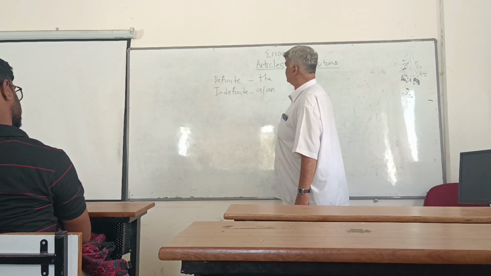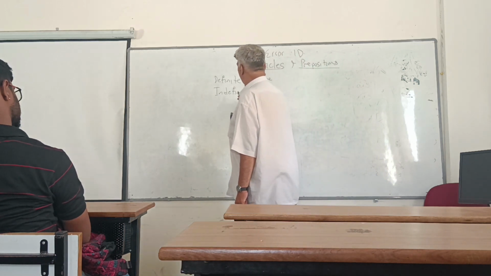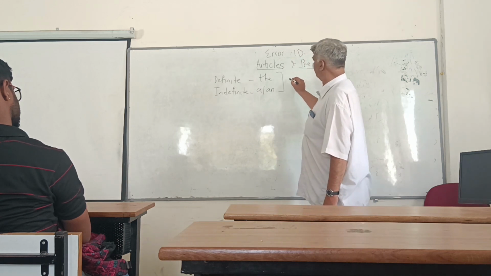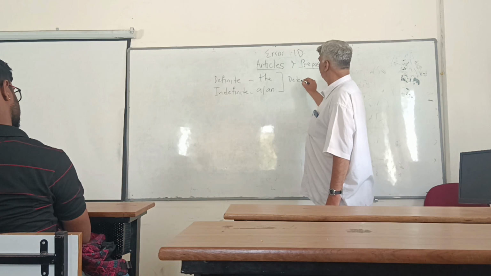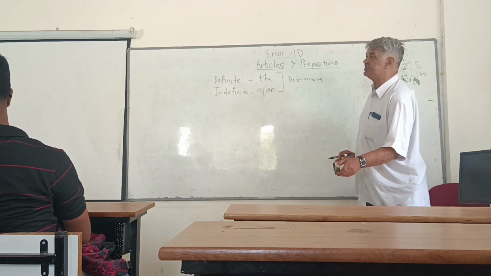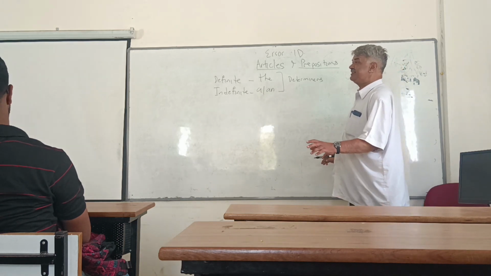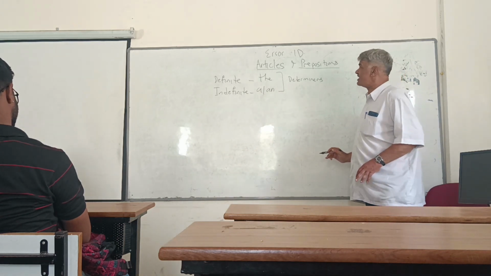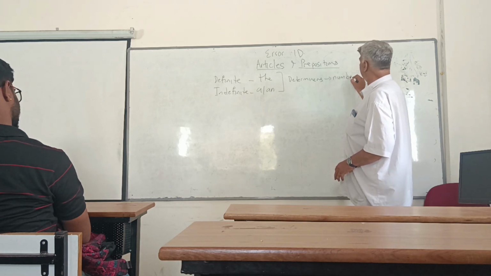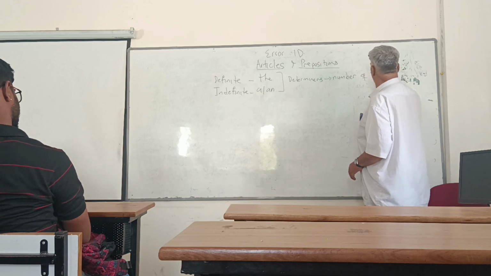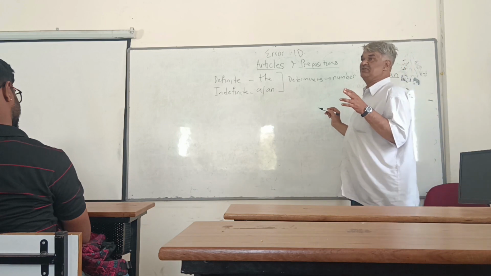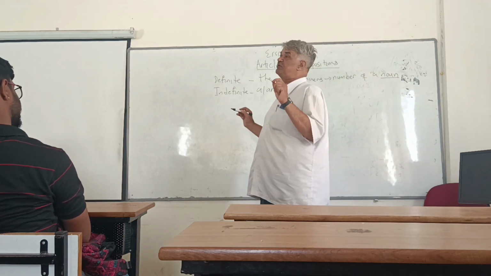Now, articles come under the general category of determiners. So determiners, what do they show? They show the number of a noun. Number means singular or plural.